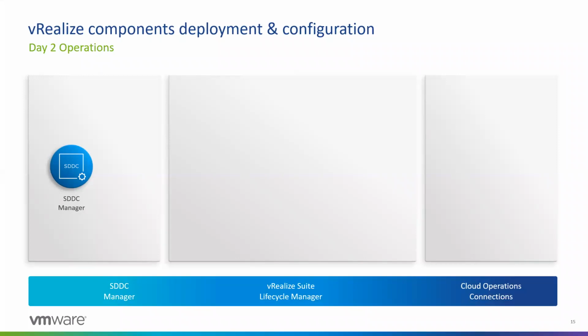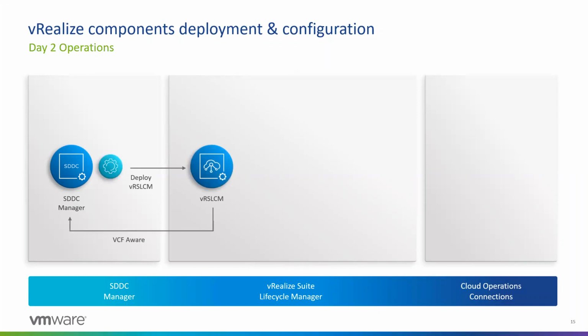And as I said, SDDC Manager will also help us with other products in the VMware portfolio from the vRealize suite. SDDC Manager will call out a process that's going to deploy vRealize Suite Lifecycle Manager. So we go to SDDC Manager, click deploy.